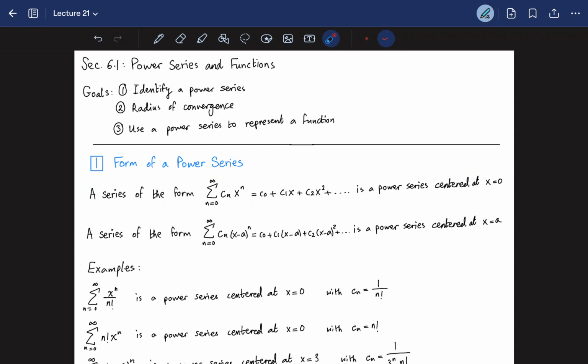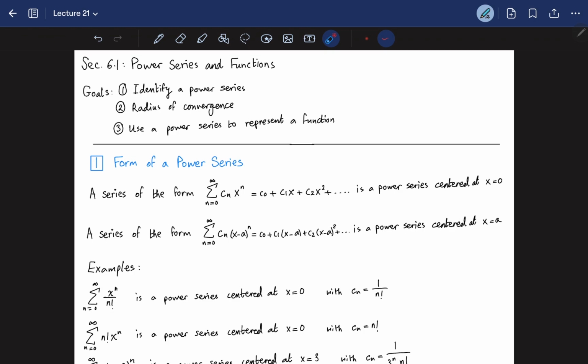Okay, so let's start by defining what a power series is. A power series is a normal series that looks like this. It has a coefficient c of n, and it's multiplied by x to the n. Now if you plugged in the values of n, you're going to get c of 0, c1 x to the 1, c2 x to the 2, up to infinity.